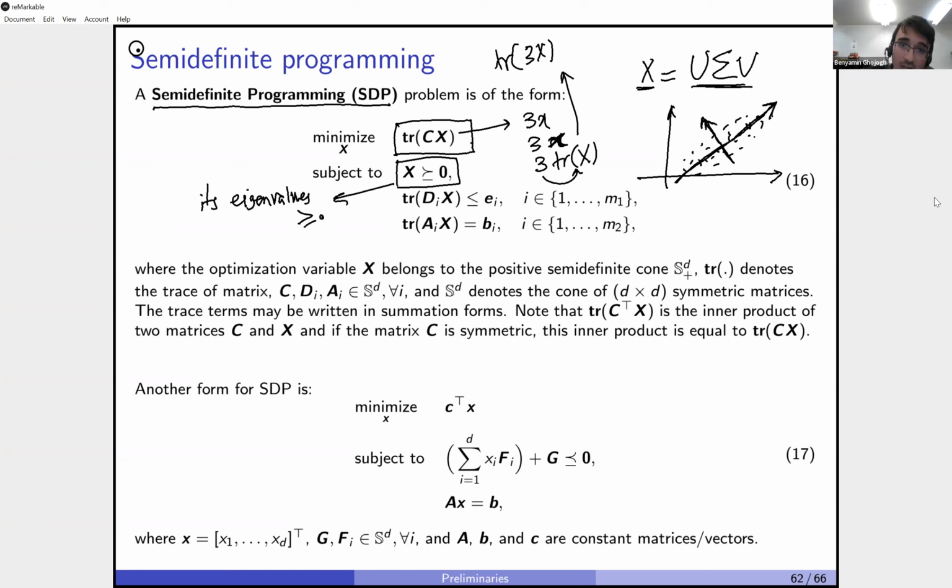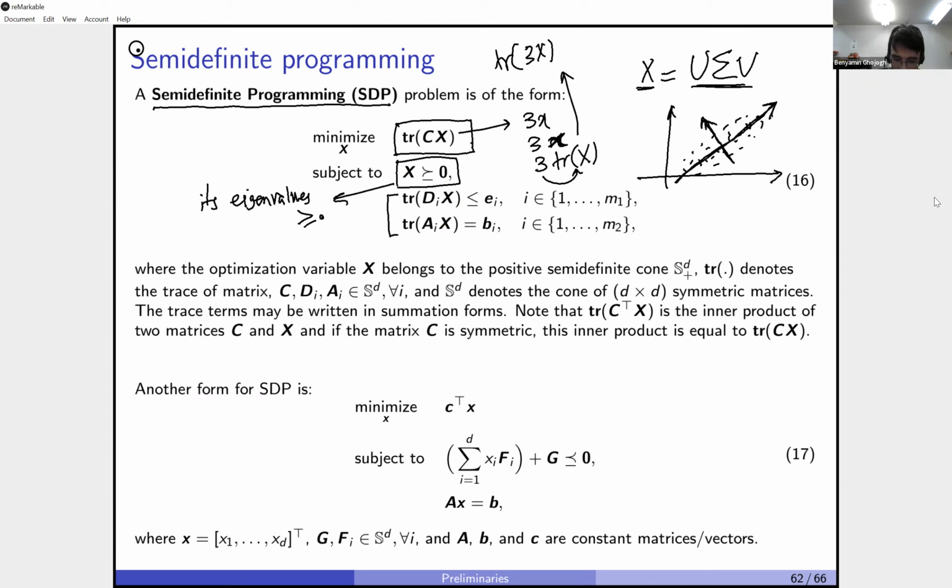So this is linear, where we have a constraint saying that it's positive semi-definite, and you also have some linear inequalities. These are affine inequalities and affine equalities, right? So an affine objective function, affine inequalities, and also another constraint which says that X is positive semi-definite.